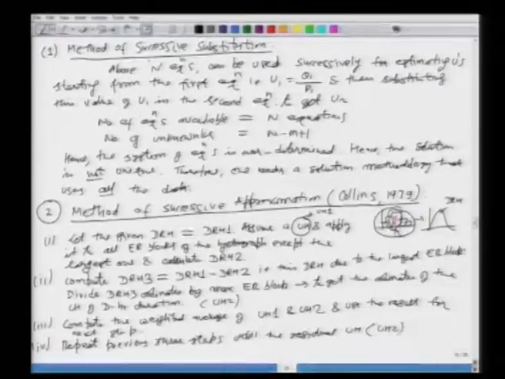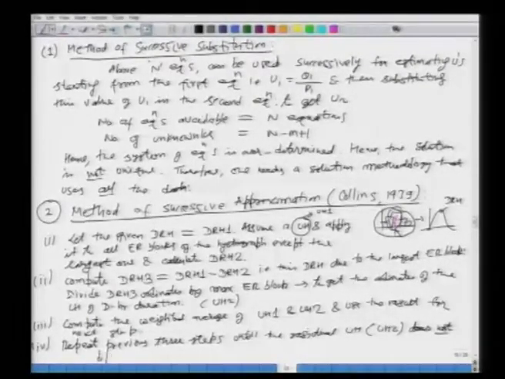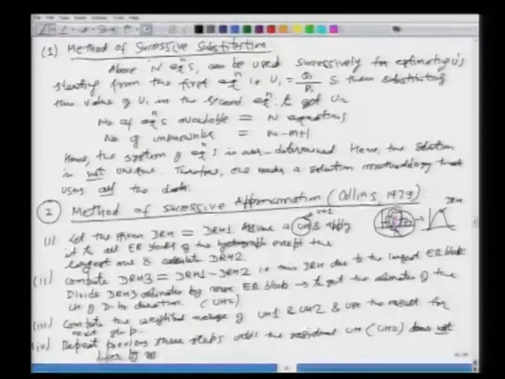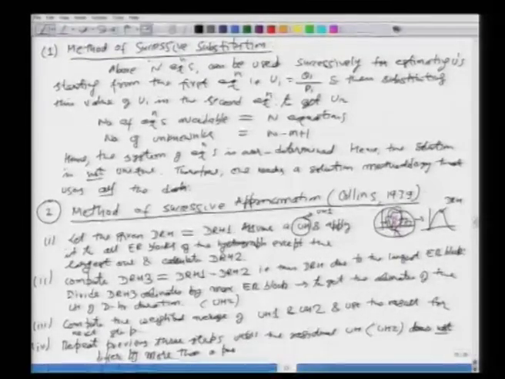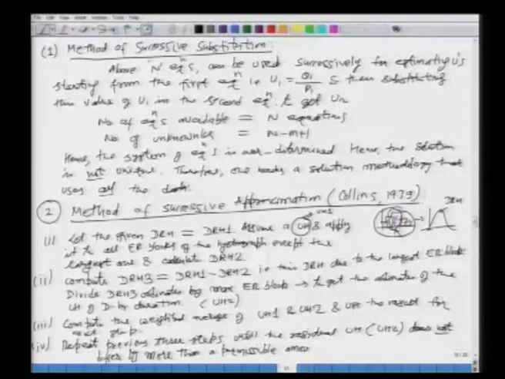Well, it is UH2 which you are refining at each iteration, does not differ by more than a permissible amount.